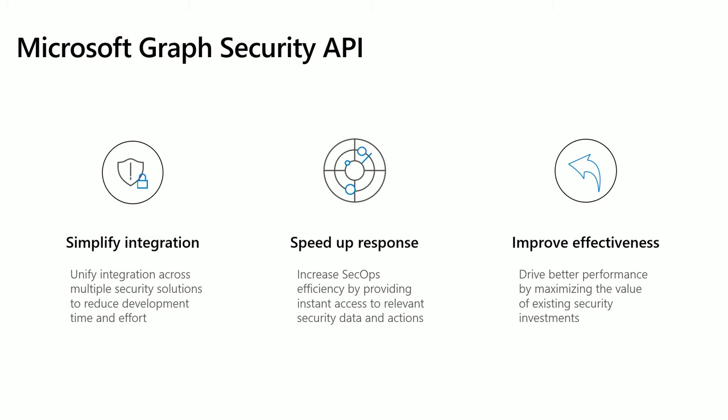The unified schema is interesting because that's what enables you to pivot across different properties, across these different data sets that you have from different providers, which is what enables you to speed up your response and ensure more automation, which enables you to get more value for your security investments overall.